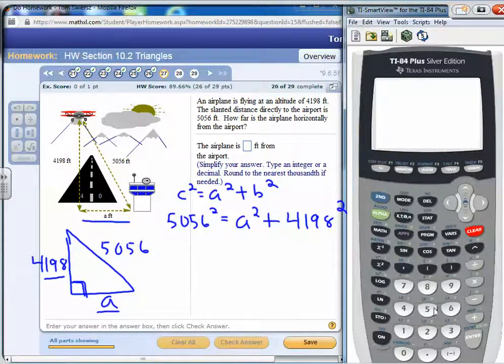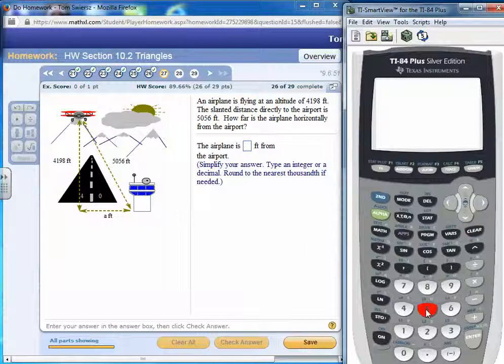5,556 squared. Oops, I didn't square it. 5,556 squared. Okay, and 4,198 squared.